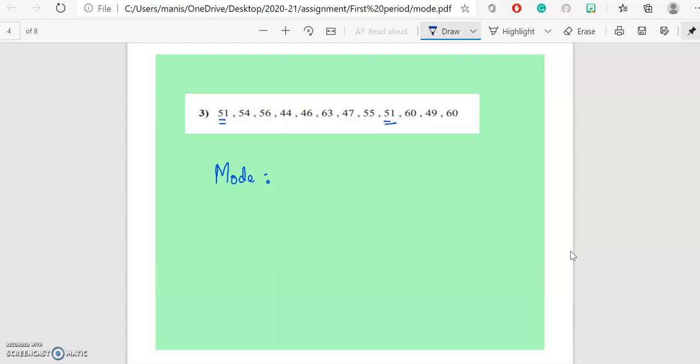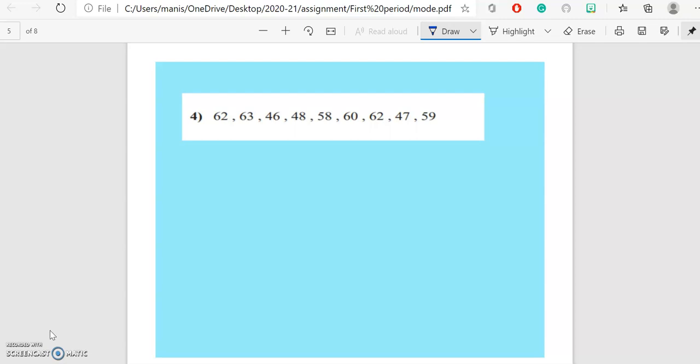If I have any number coming more than 2 times, then I will not take this. 54, no. 56, no. 44, no. What about 46? No. 63, no. 47, no. 55, no. So from this we came to the conclusion that 51 is the mode for this set of data.